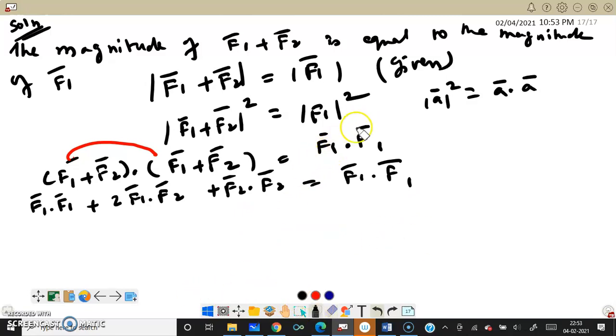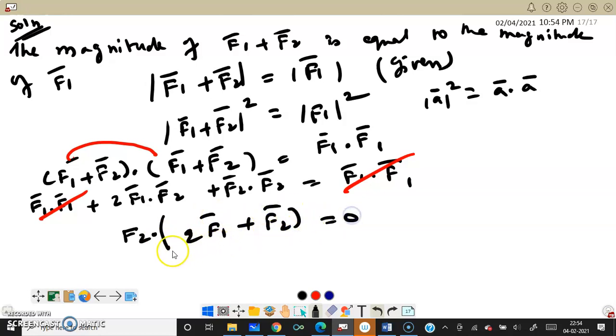Modulus of F1 square is F1 dot F1. So F1 dot F1 gets cancelled on both sides. What are we left with? F2 can be taken out: F2 dot, 2F1 plus F2 equal to 0. So F2 dot 2F1 plus F2 equal to 0.